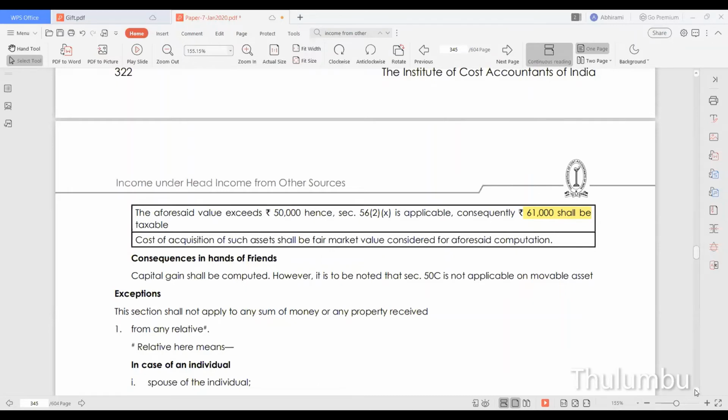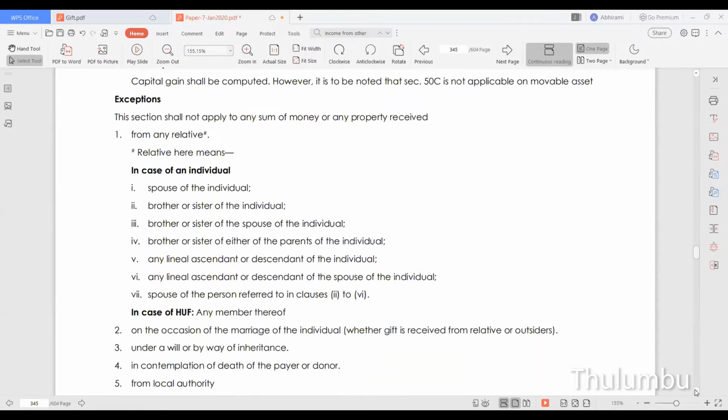Exception. So income from other sources will not be taxable in the following cases, that is, when the gift will not be taxable. This section shall not apply to any sum of money received from any relative. So the relative definition: spouse of the individual, brother or sister of the individual, brother or sister of the spouse of the individual.